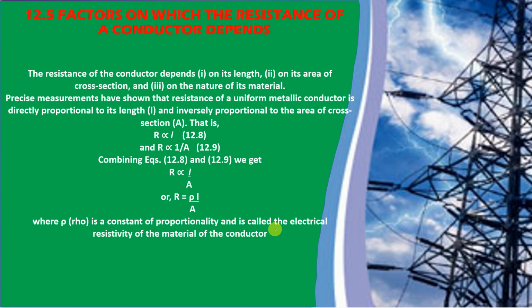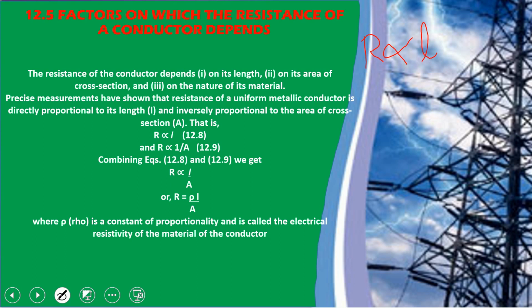If the length is decreased, the resistance also will decrease. In such a case we say it is directly proportional. That is, resistance is directly proportional to the length of the conductor, L.